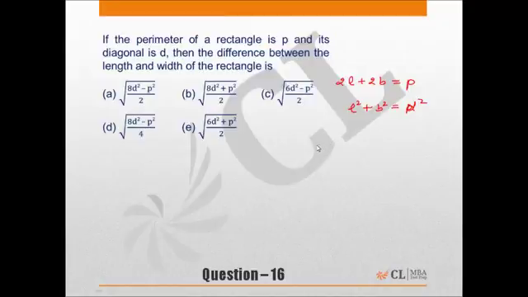And then the difference between the length and width of the rectangle. So we can see L minus B whole square is L square plus B square minus 2LB.